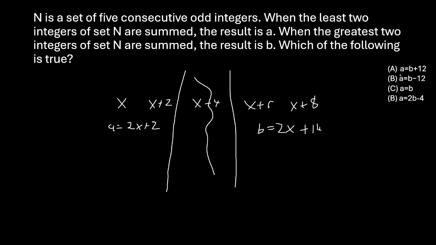Okay, we have to know the value of a in terms of b. So a is equal to 2x plus 2. How can we put b here? Well, b is equal to 2x plus 14.